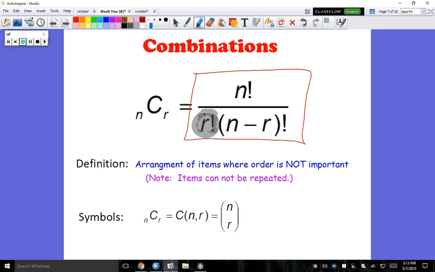For bonus points, can someone tell me what this is representing that distinguishes the fundamental difference between combinations and permutations? Say again? The removed items, yes, but that's this. You know what I mean? The repeating, as far as like what goes? Like you can use the same object twice. I'll accept it.